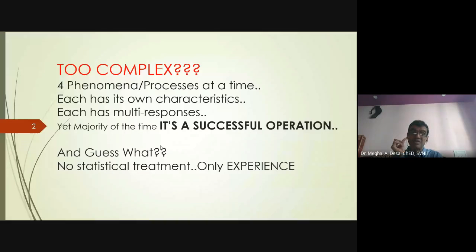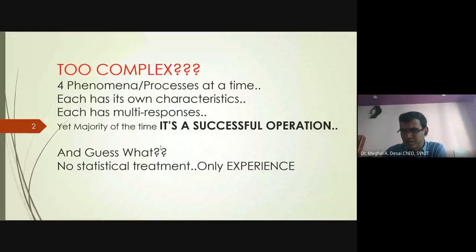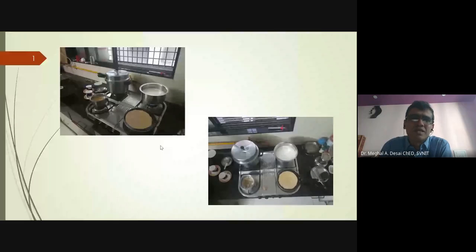So let us see how Taguchi can help in this endeavor. Whenever you find that your process is too complex for optimization in your study, just look at this picture and imagine how many processes there are, how many responses there are, and still you will meet with success as the outcome.